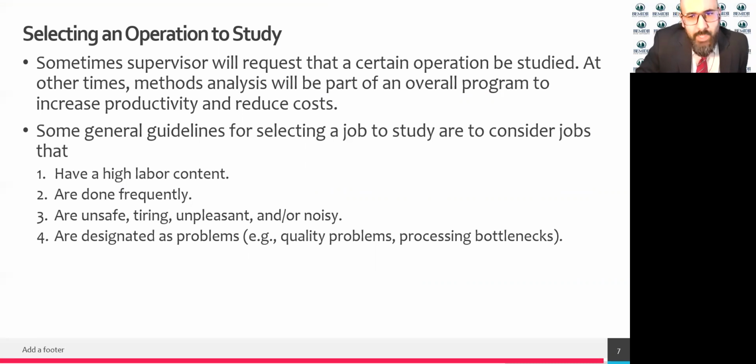However, what I would recommend is focus on these that have a high labor content, focus on these that are done frequently, focus on these that are unsafe, tiring, unpleasant, or noisy jobs. And also look into where you have some problems related to quality or processing problems, such as the bottlenecks. All right, so again, to select a process, use these 4 reasons.